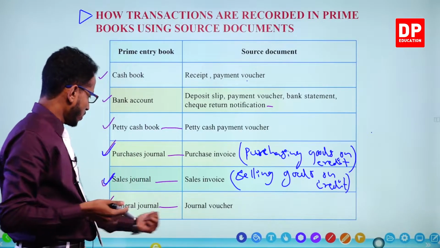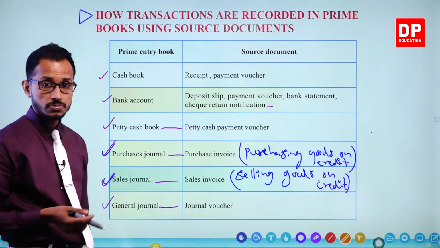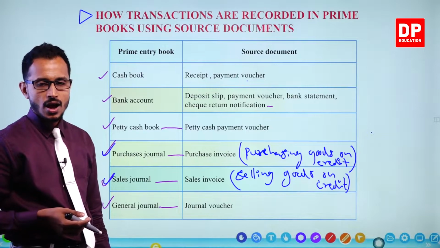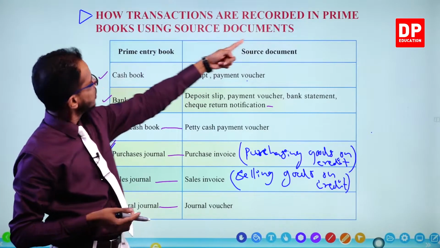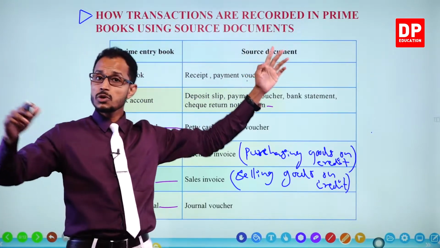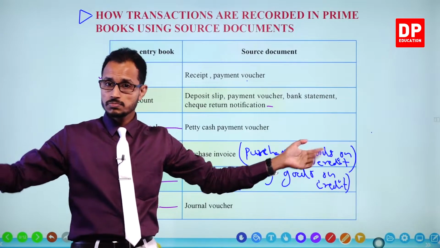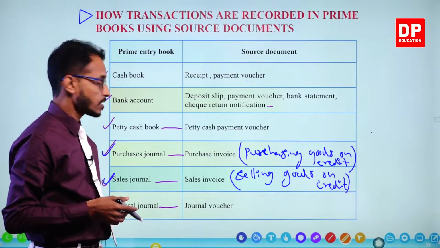Likewise, the general journal uses the journal voucher to record transactions. So that is how transactions are recorded in different prime entry books using different source documents. That is the importance of source documents.